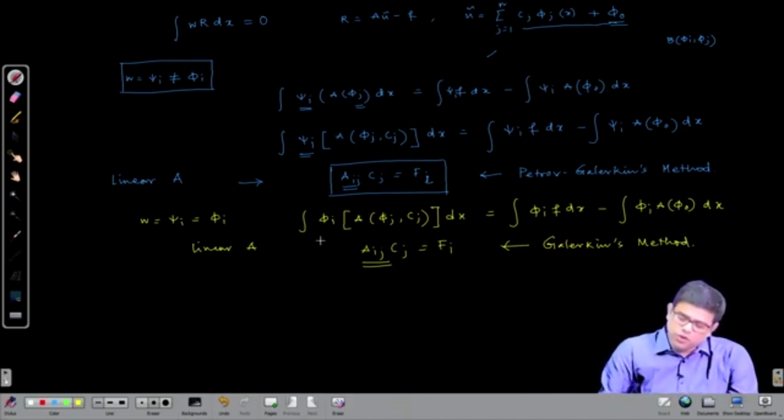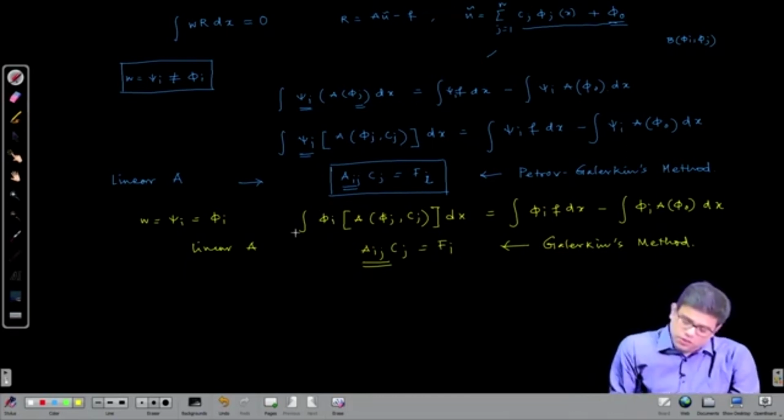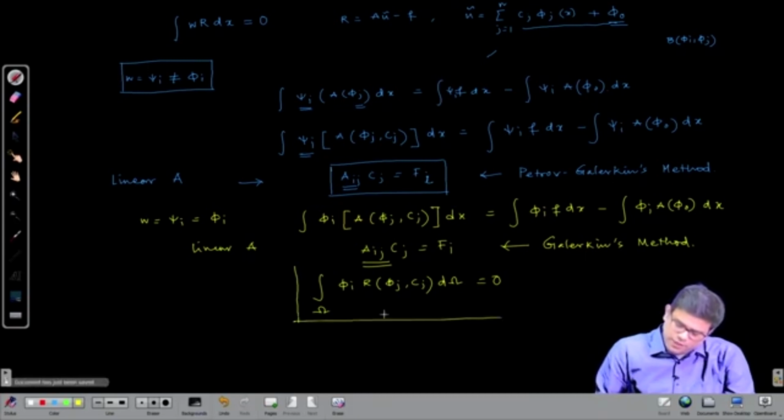Here, if you look, we have never done any integration by parts. So the phi I times A of phi j Cj, the general term, is my Bubnov-Galerkin method.